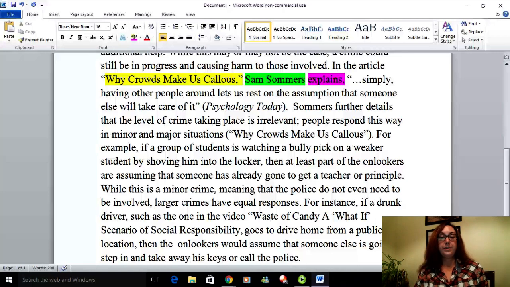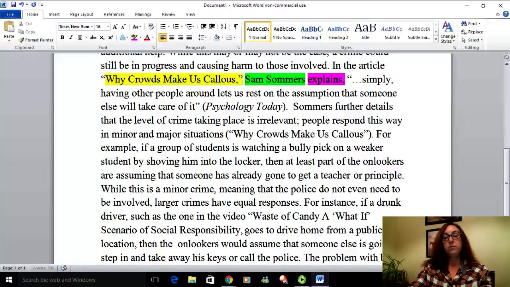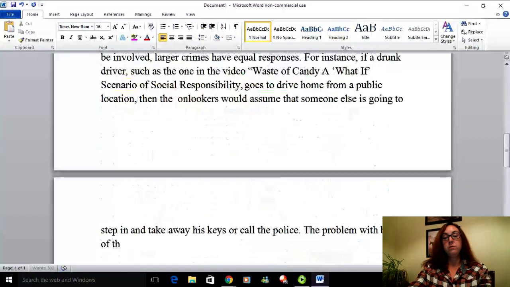So I've added this scenario. So it says, for instance, what if a drunk driver, such as the one in the video, waste of candy, a what-if scenario, social responsibility, goes to drive home from a public location, then the onlookers would assume that someone else is going to step in and take away his keys or call the police. The problem with both of these scenarios is that they are assumptions.